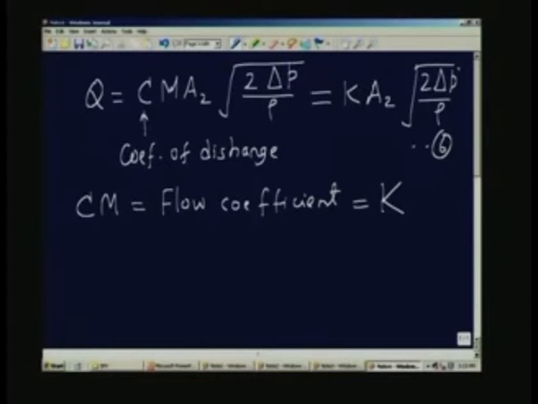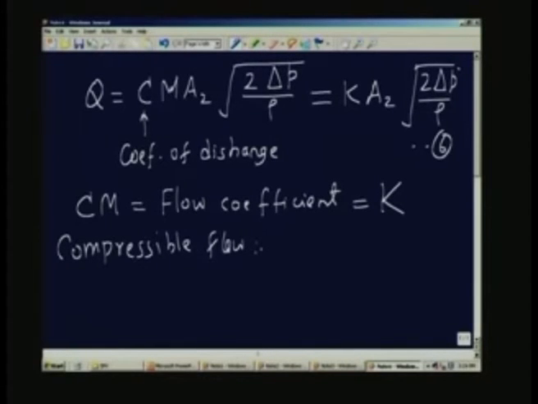We can also do the following. For the case of compressible flow, actually what we are talking about is flow velocities not too small compared to the velocity of sound, so that some amount of compressibility effects need to be taken into account.